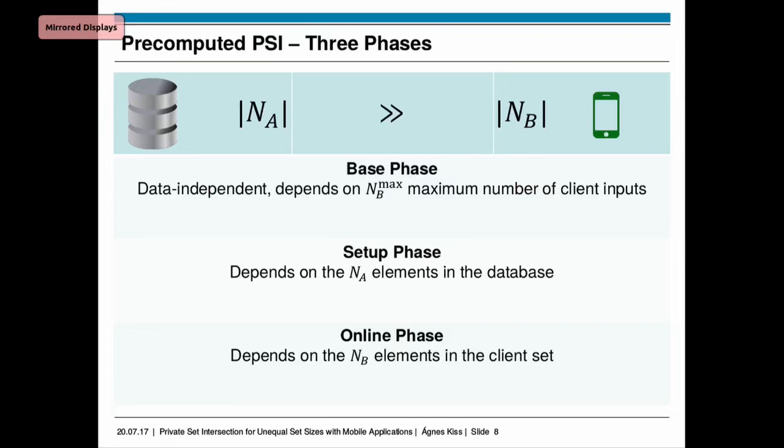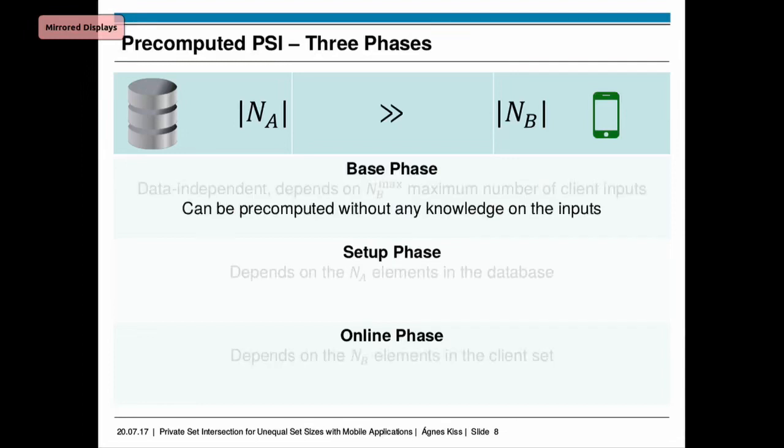So we have a base phase where we compute everything that's independent of both the sets, like keys and random numbers and so on. Then we have a setup phase, which depends only on the elements in the database. And we have an online phase, which is efficient, and it only depends on the elements in the smaller set of the client.